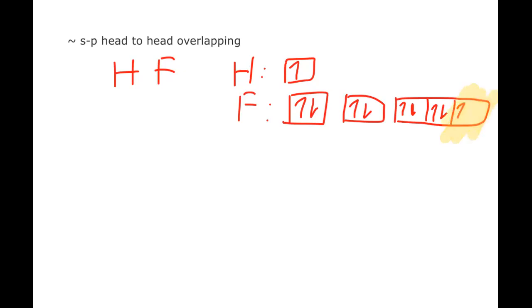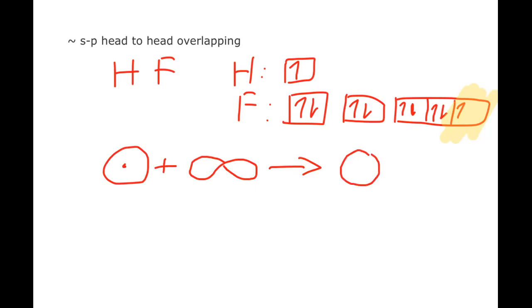So for hydrogen, there will be an s orbital, while for fluorine, there will be a p orbital, and the shape of a p orbital is lobe shape. Now, when these overlap, they will form the sp head-to-head, and that is represented in this way.